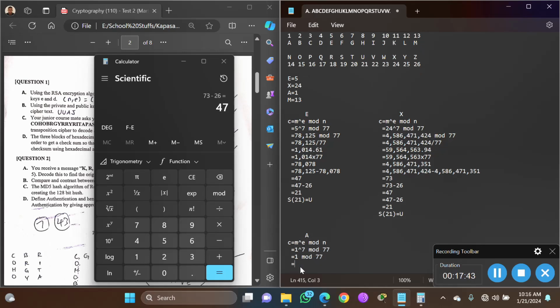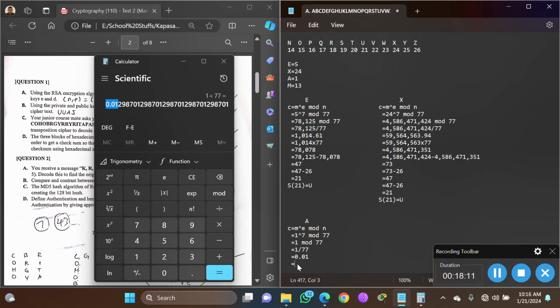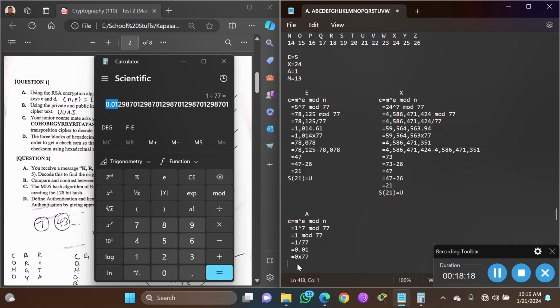At this point we can say 1 divided by 77. We know that it will be 0 point something, but I just need to show the actual figure. So I'll say 1 divided by 77, again sticking to 2 decimal places. As you can see, we are getting that. At this point, if you remember, we need to get rid of the decimal places, remaining with 0, then we multiply by the denominator, which is 77.